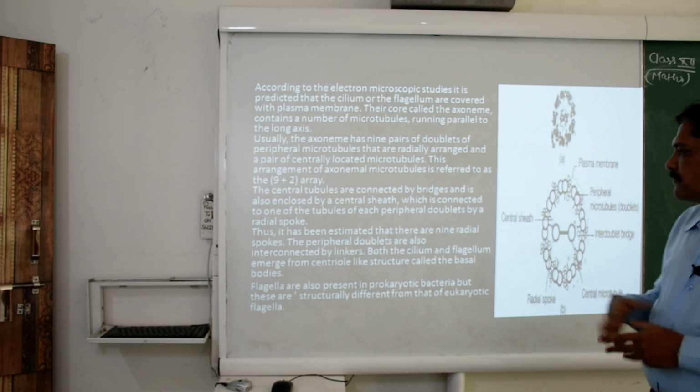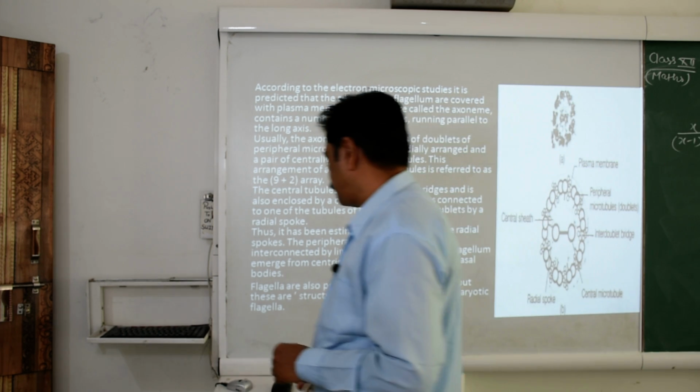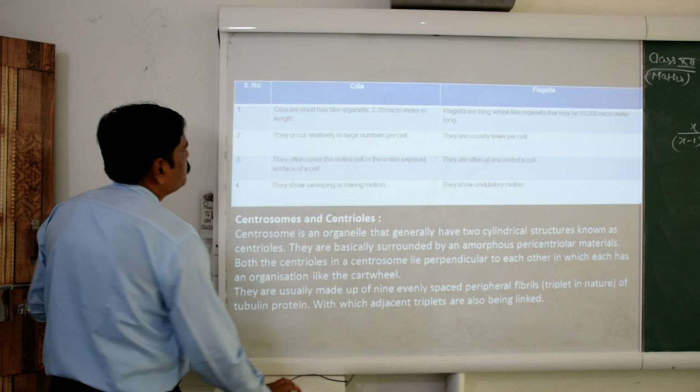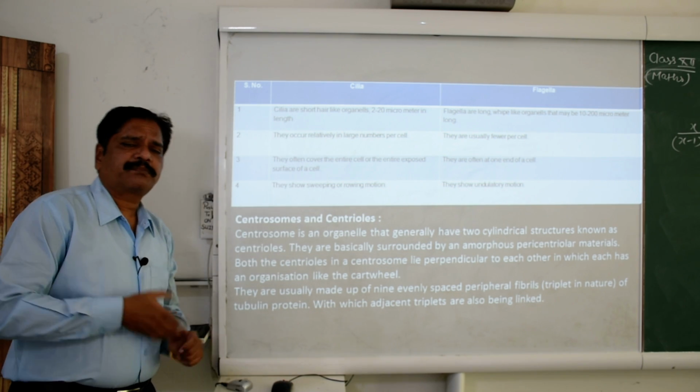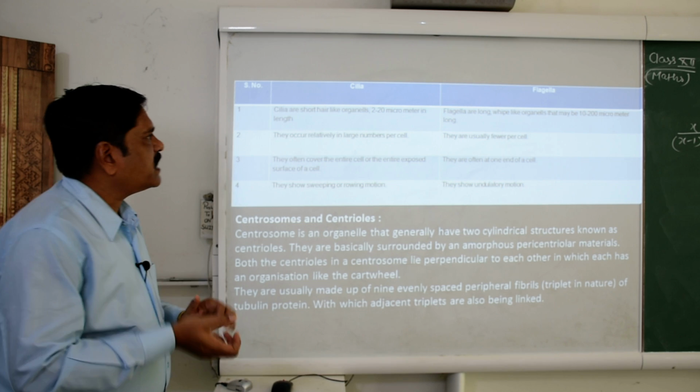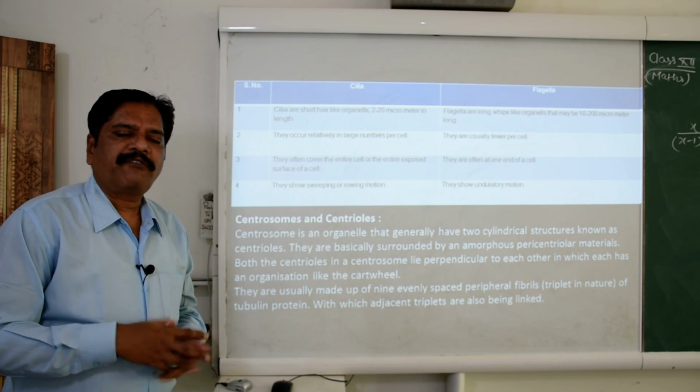We know that bacteria are especially having both flagella as well as cilia, while the eukaryote is having either of these two.